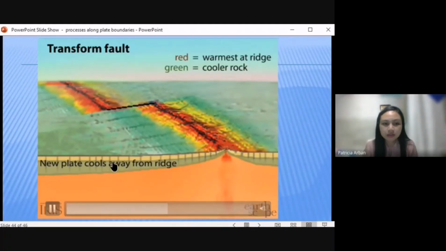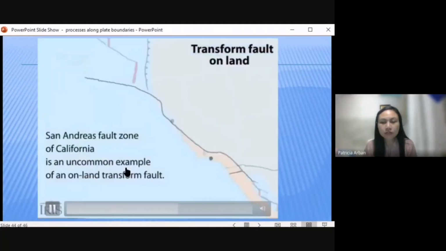So, here, red is the warmest at the ridge. The rocks here are warmer because the magma chamber is there. And then green is cooler rocks, because it is far from the ridge. New plates cool away from the ridge.